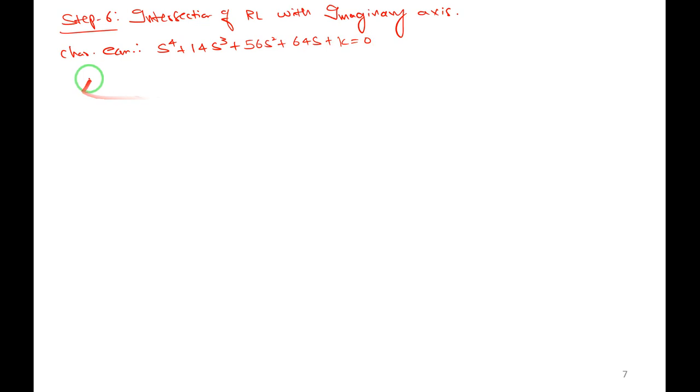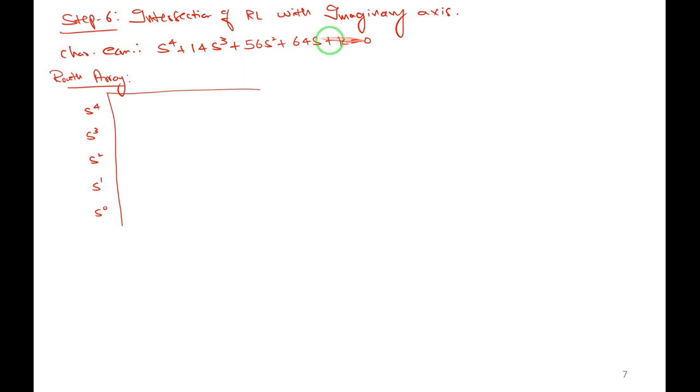From the Routh array, s power 4, s cube, s square, s to the power of 1, s to the power of 0. All the powers of s are present.